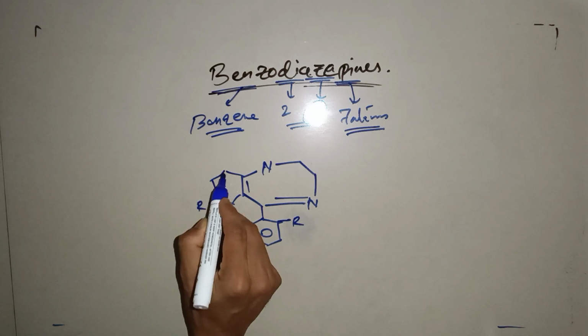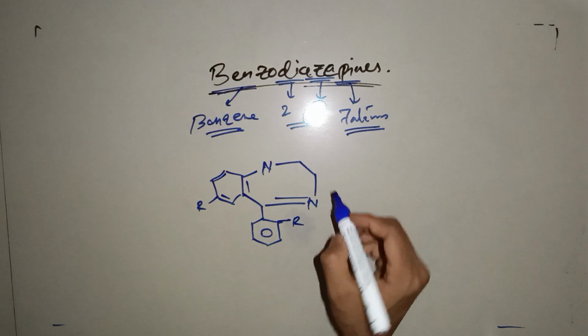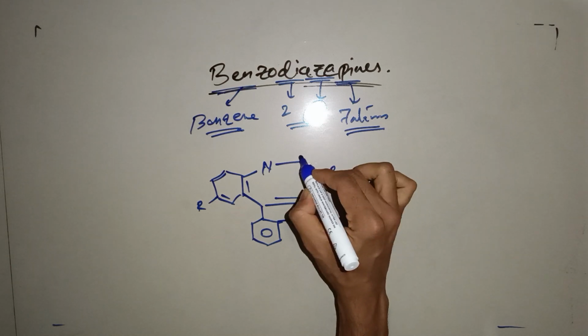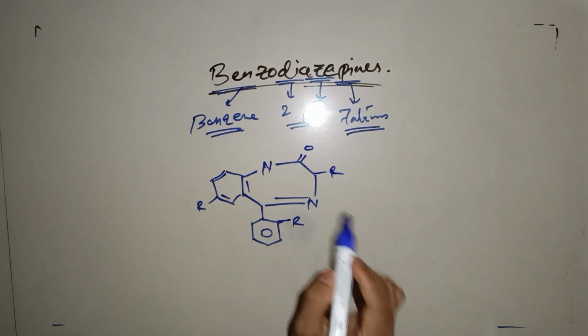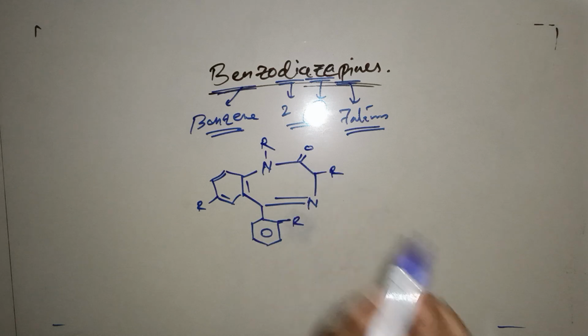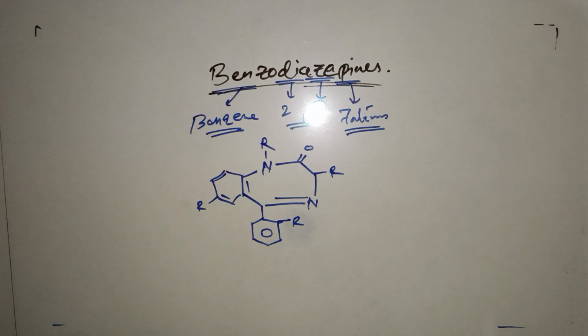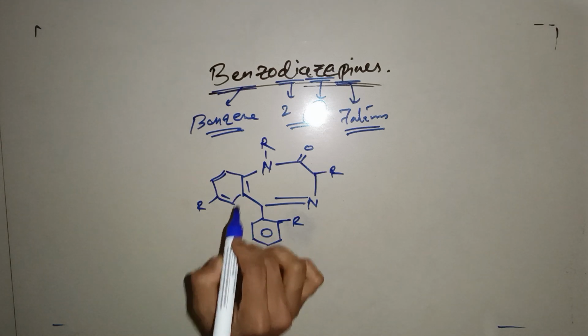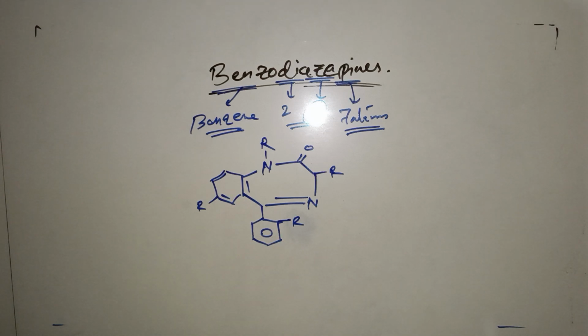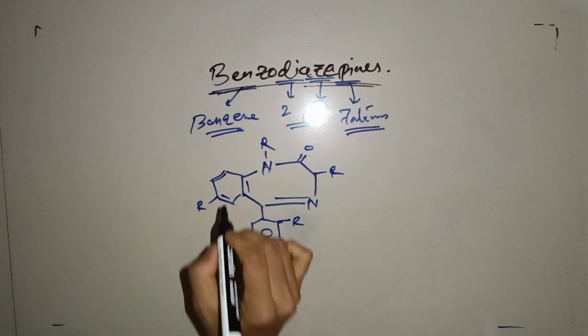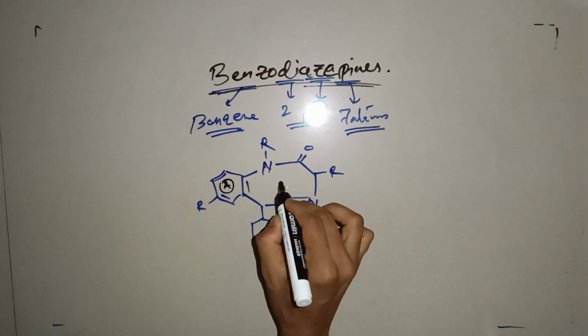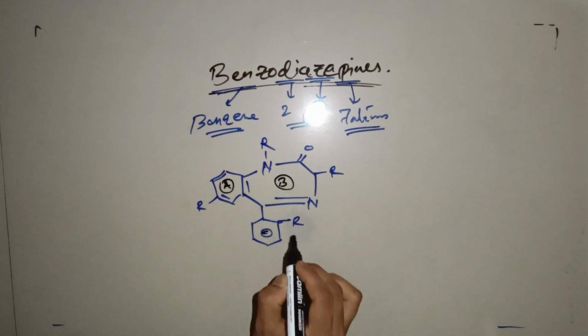In this benzene ring, one R group will be there, and in this one R group will be there. One carbonyl group is there, and another R group is there. So this is the complete structure of benzodiazepines. The most important point you have to remember is benzodiazepines has 3 parts, that is A, B, and C.